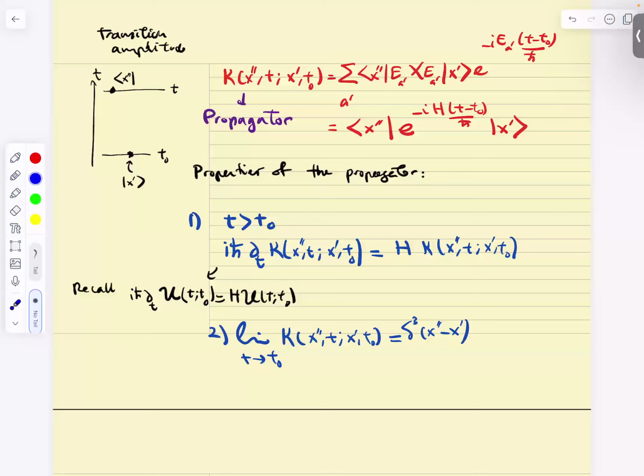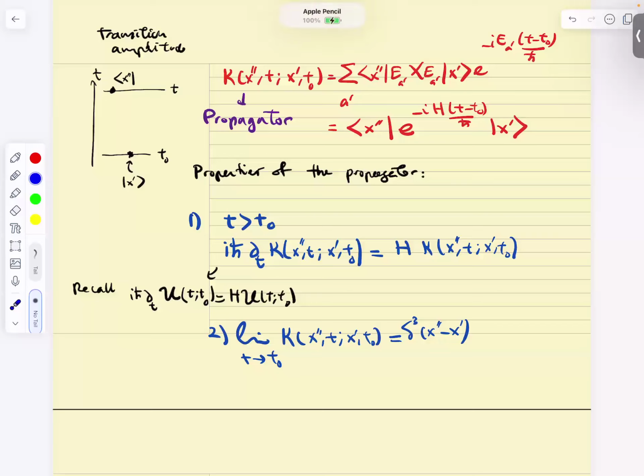At t going to t naught, what you're calculating is this, right? Which is delta of x minus x double prime. Is this. Good? All right. If I'm in 3 dimensions, there's 3 here. So these are the two properties.